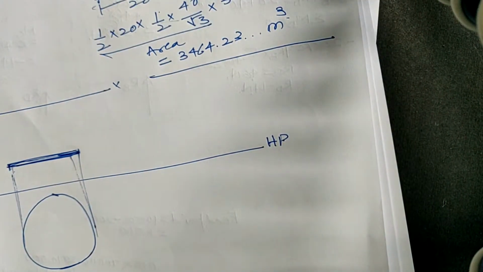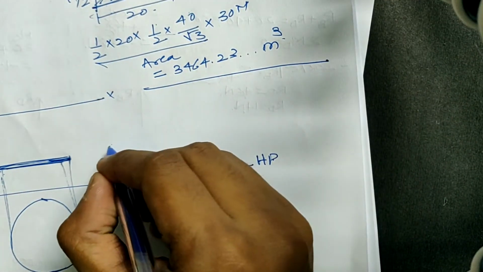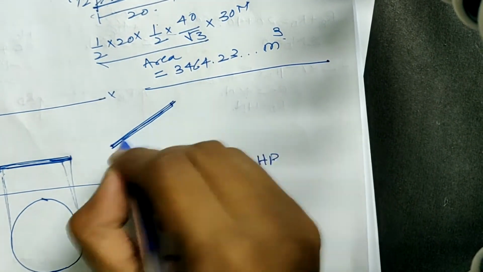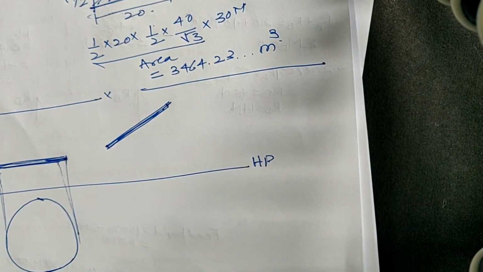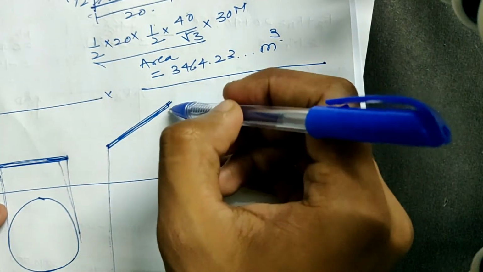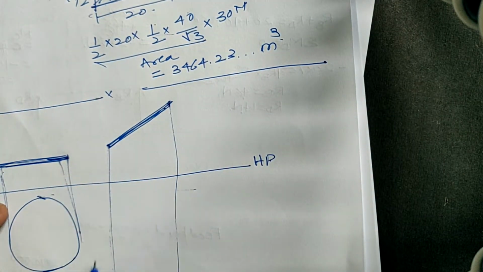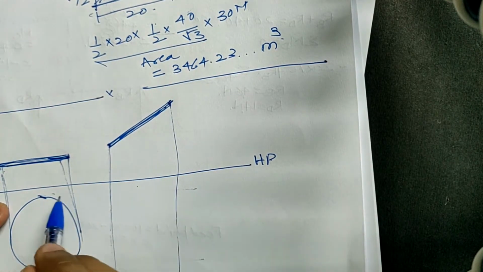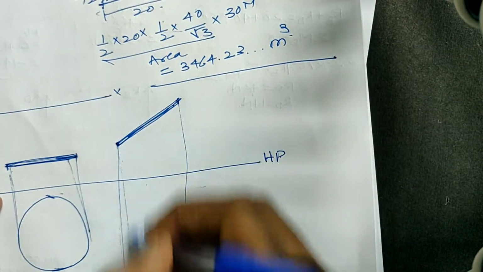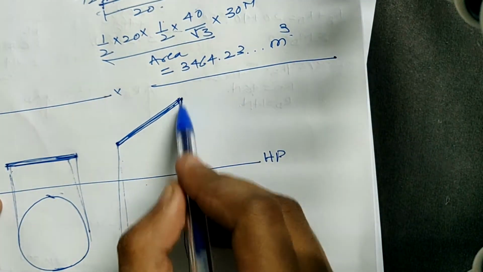Okay. Now what is said is, this plate is now tilted. So what it will generate now is an ellipse. So in its top view it will generate an ellipse.